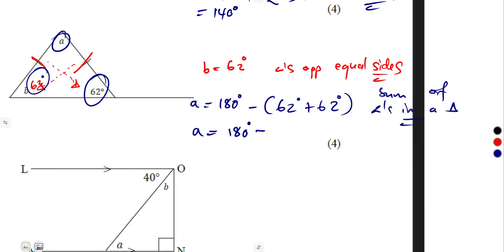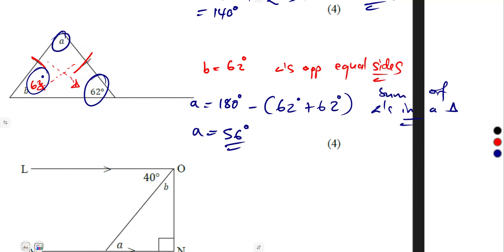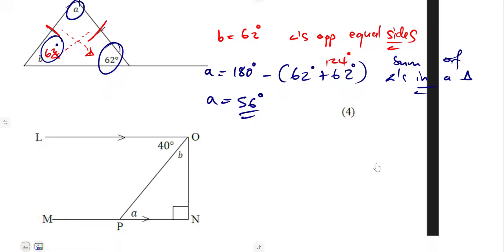Let me just write the answer here, guys. So that is 180 minus these two. 62 plus 62 is 62 times 2, which is 124. So that is 180 minus 124, which is 56 degrees. All right, so that is it.